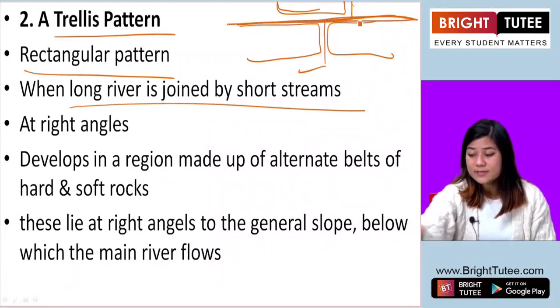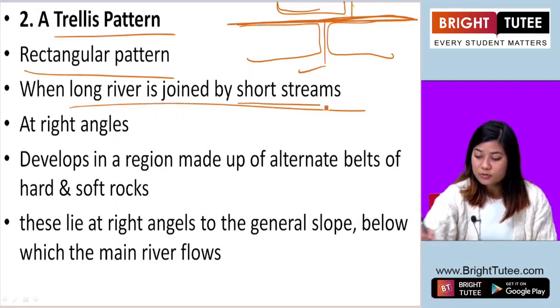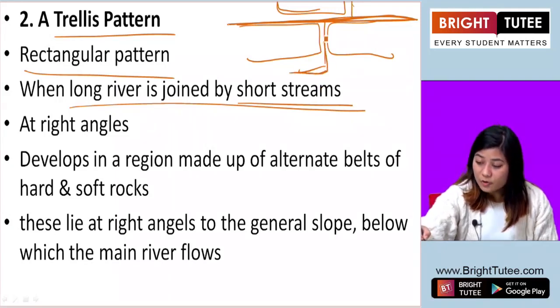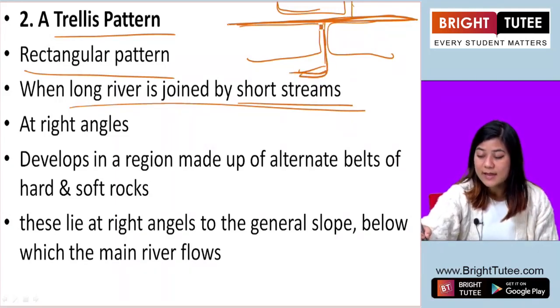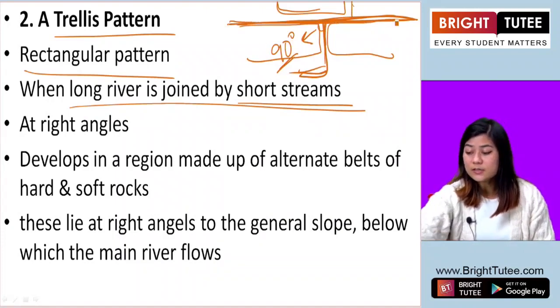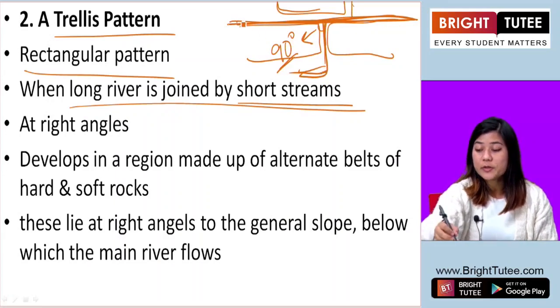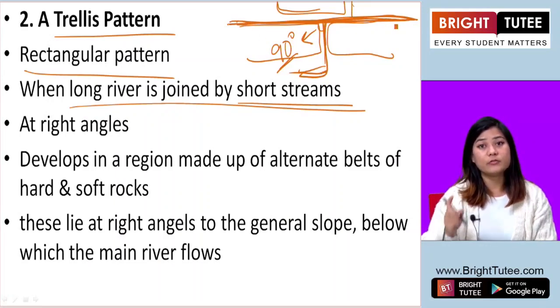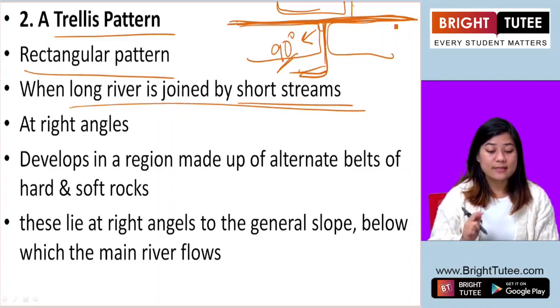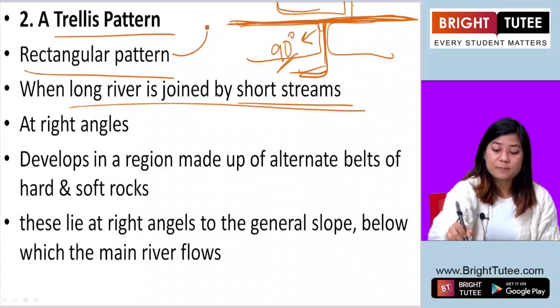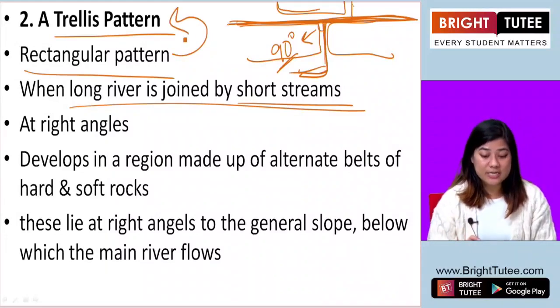Okay, so when this river is joined by short streams at right angles, so if there is another stream flowing and then joins the main river at right angles, it means the angle between these is 90 degrees, right? So when the short streams join the long rivers at right angles, then a rectangular pattern is formed, and that rectangular pattern is called the trellis pattern.